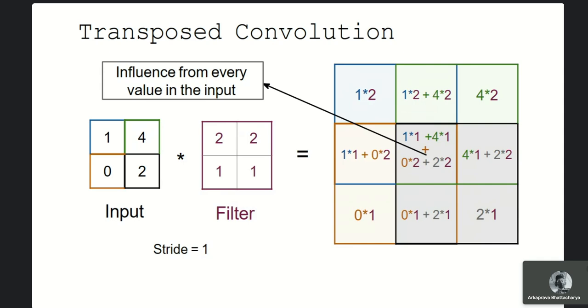What we will do is, we have this input 1. This input 1 will be multiplied by this filter. So what do you get? 1 cross 2, 1 cross 2, 1 cross 1 and 1 cross 1. Please see the values.